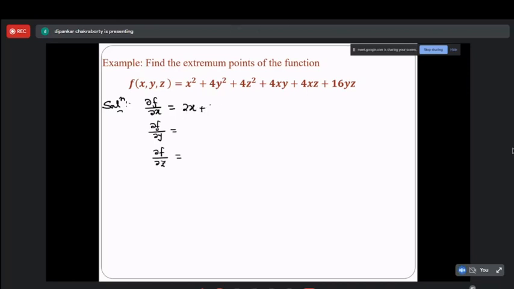X plus, very good, is equal to 0. Del f del y, 8y, yes, good. X and z, yes, sorry. Yes, very good. Del f del z.